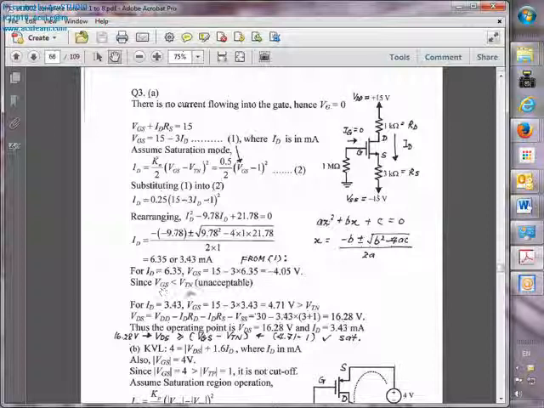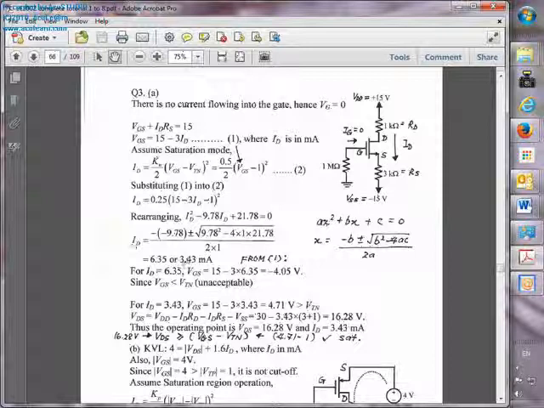As VGS is smaller than VTN, the transistor is off. When the transistor is off, there is no current, ID is equal to 0. So the answer is not acceptable for ID equal to 6.35 milliamp.